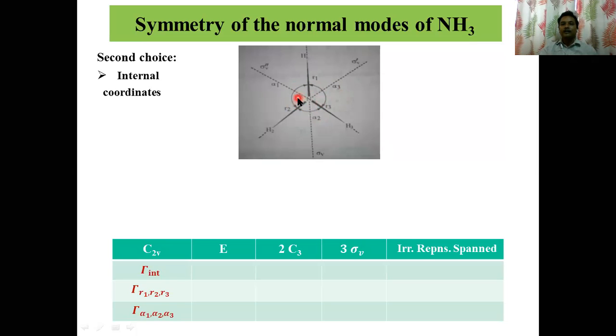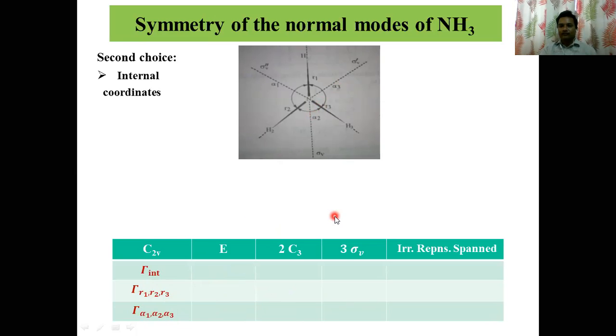So we can separate 3 bond vectors for the 3-dimensional case, and 3 angles, alpha 1, alpha 2, alpha 3, again in a separate matrix, right? So that will simplify our life. So that's what I actually separated. So we'll generate first this one, and then this one, and then we'll come back here, right?